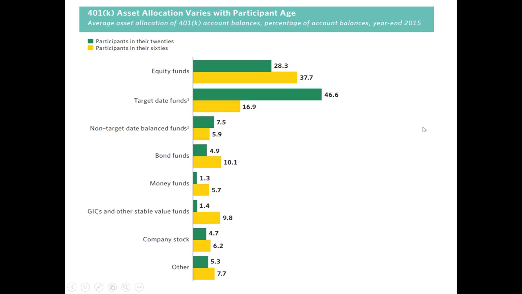Let's take a look for a minute at two unique types of investors, folks in their 60s and folks in their 20s. And these are pension plan asset allocation views, okay?